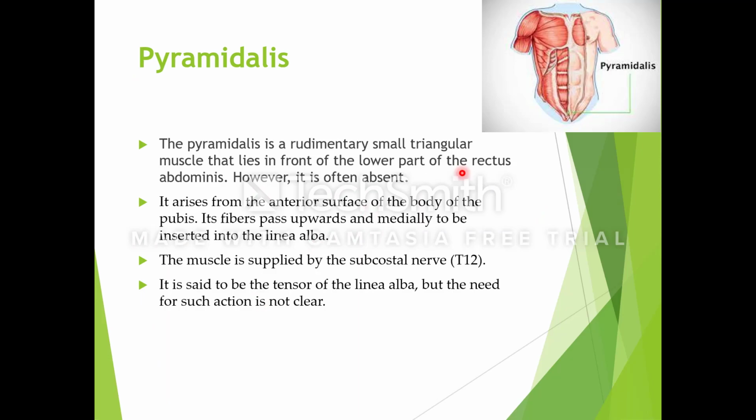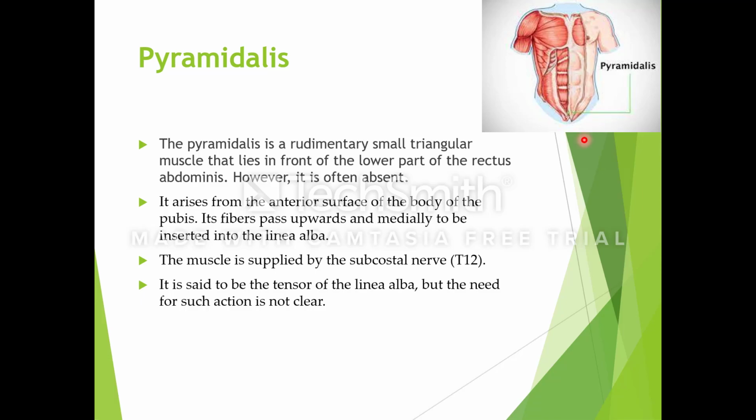Now we will discuss the pyramidalis muscle. This is the fifth muscle which we have to discuss. It is a rudimentary, small, triangular muscle that lies in front of the lower part of the rectus abdominis muscle. It is often absent. It arises from the anterior surface of the body of the pubis. Its fibers pass upwards and medially to be inserted into the linea alba.